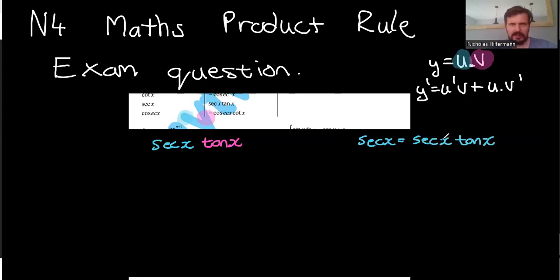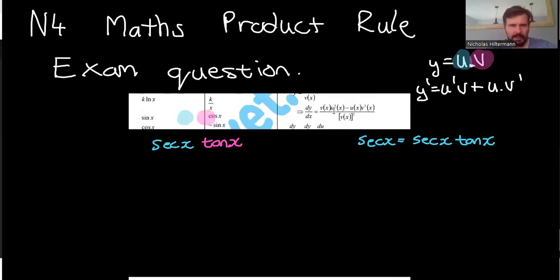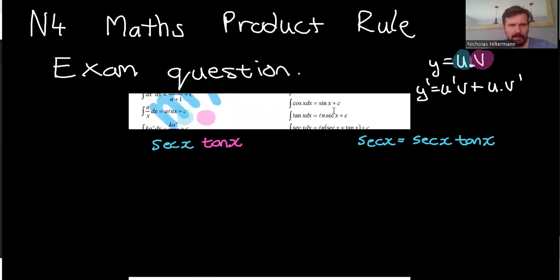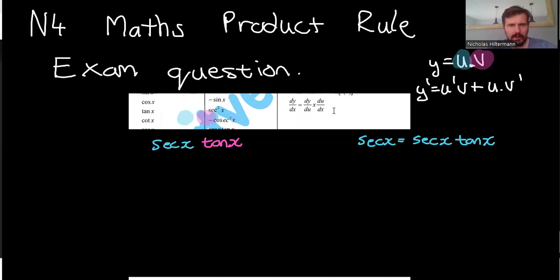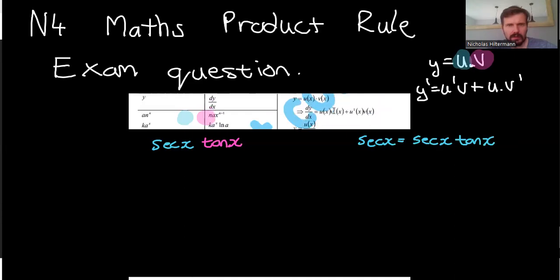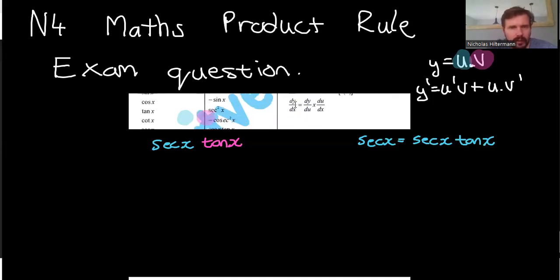And the derivative of tan x is sec squared x.